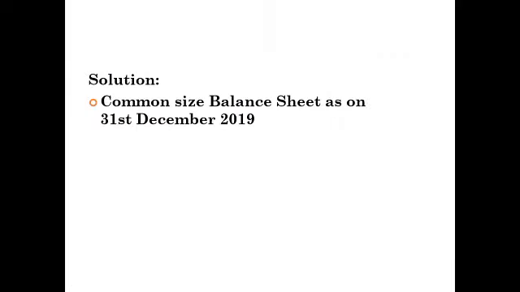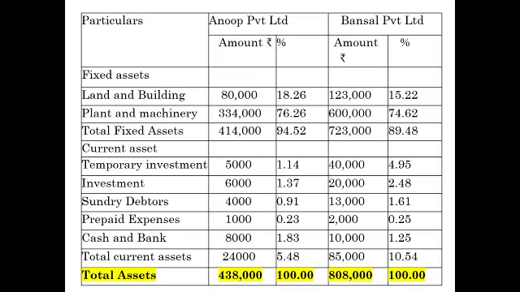Now, solution part. The common size balance sheet you need to prepare for two firms. As I told, the representation will be made first. So we need to redraft the balance sheet.